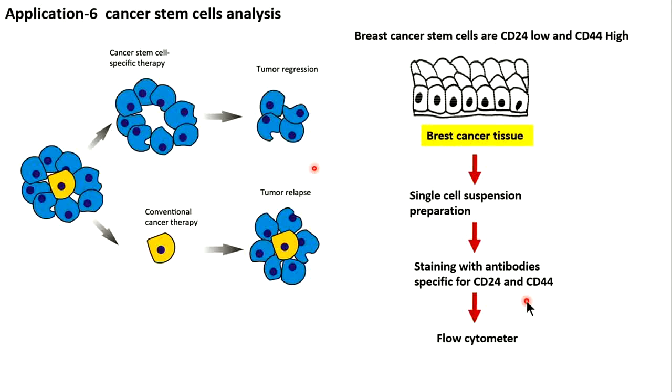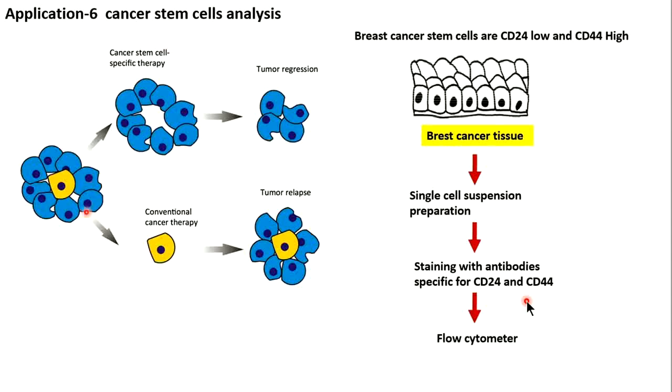Heterogeneous mass of cells means all the cells which are present in a tumor are not identical. There are some cells which can start a new tumor and they have stem cell like properties and we call them cancer stem cells. And there are remaining cells which cannot initiate a new tumor and those are cancer non-stem cells. They do not have the stem cell properties.